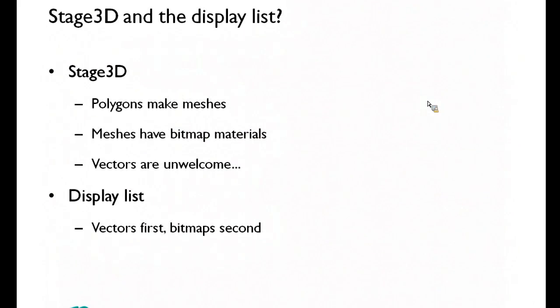So Stage3D, because it talks to OpenGL and Direct3D, thinks in the way that all traditional 3D systems do, in terms of meshes made out of polygons. A lot of 3D models will use rectangular polygons as well as triangles.